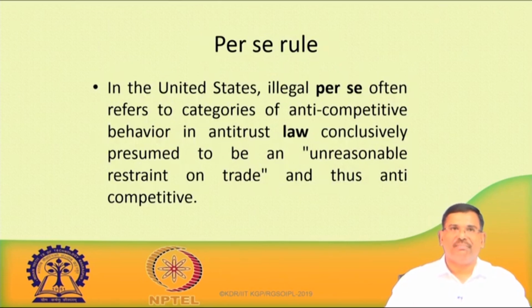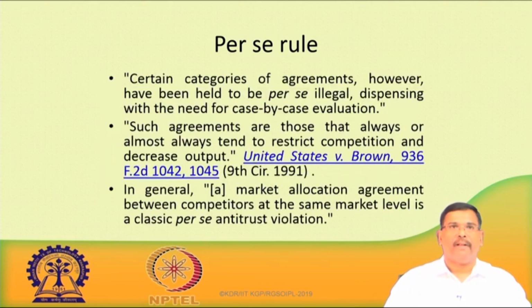So, if anti-competitive behavior is illegal per se, it is considered per se illegal under the Sherman Act. That means an unreasonable restraint on trade is considered anti-competitive as well as illegal per se under the Sherman Act. The per se rule clearly says that certain categories of agreements are per se illegal, so case by case evaluation is not required.